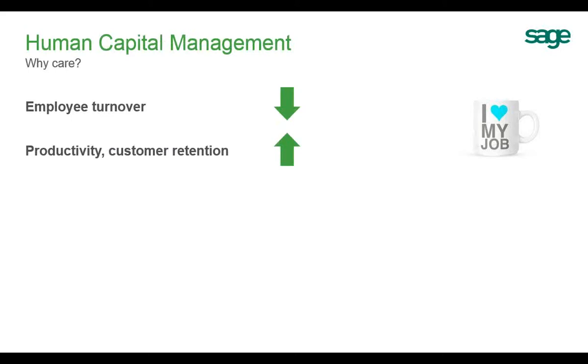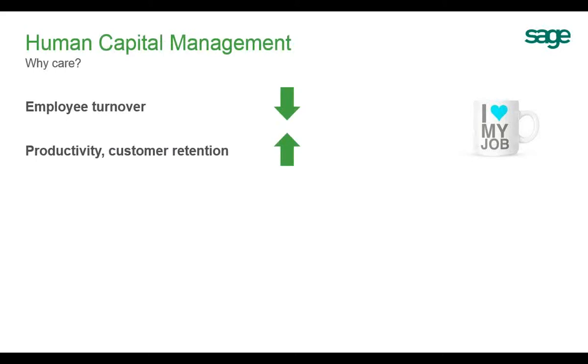Employee turnover needs to be down, and if employee turnover is down, your productivity and customer retention are high. We've seen that firsthand with a lot of our customers. I was visiting a customer several weeks ago, and they have about 50 employees, and last year they had 50% turnover.